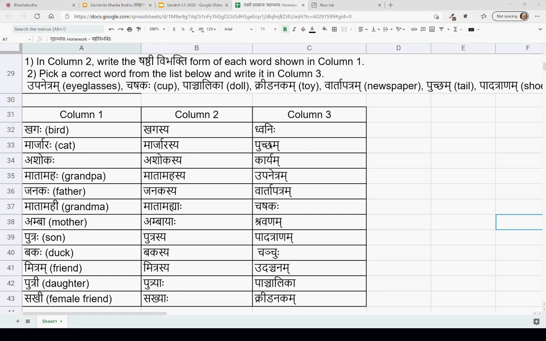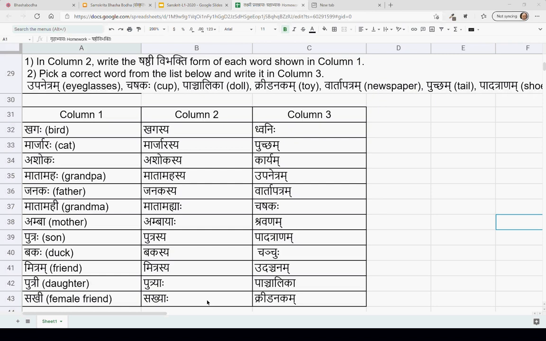And Marjarasya Pucham, so cat's tail; Ashokasya Karyam, Ashok's work; Matamahasya Upanetram, the grandpa's eyeglasses, etc. So the words are here.